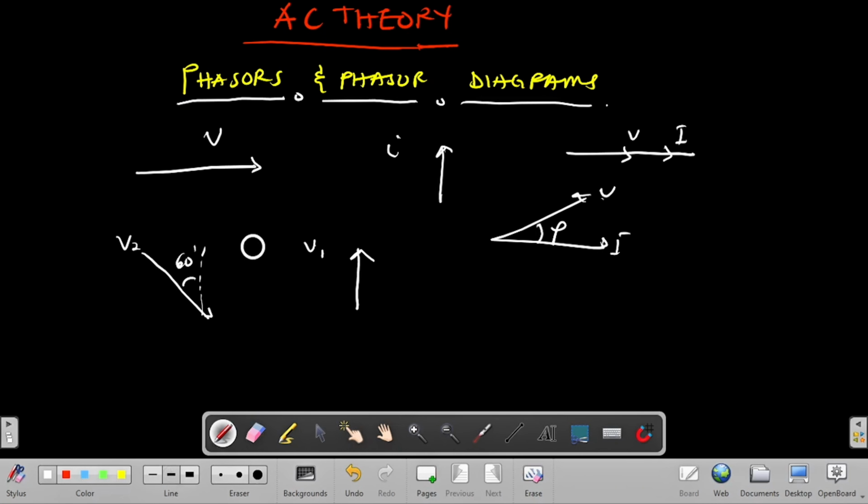In AC theory, phasors are not necessarily always together or in touch. They can be separated, but you should be able to find the phase difference between these two. This arrow is pointing down, and the angle with the vertical is 60 degrees. So these two are separated by a phase difference. But what is the phase difference?